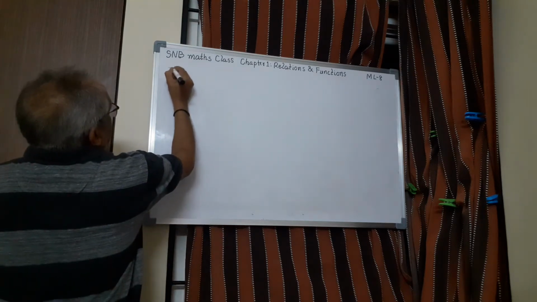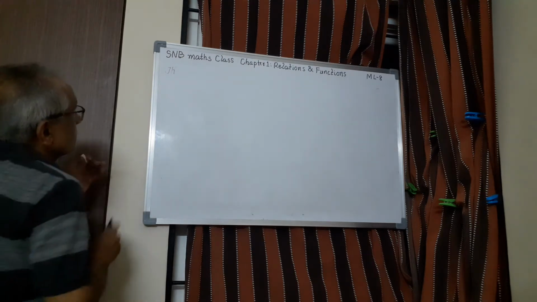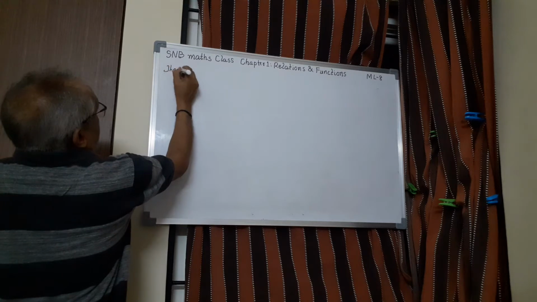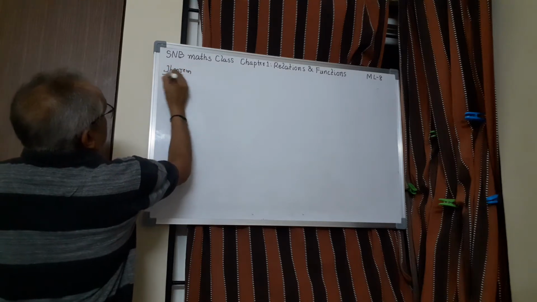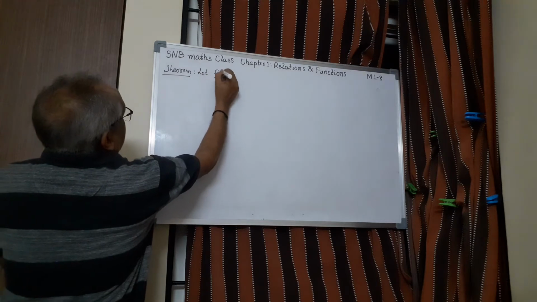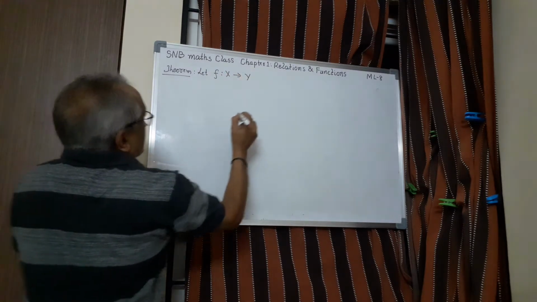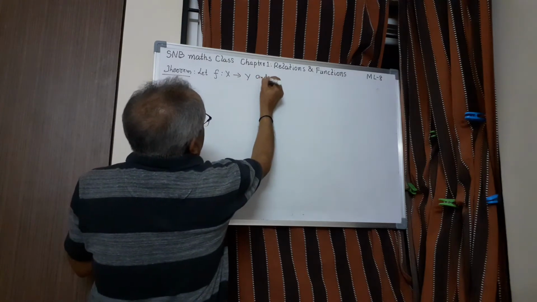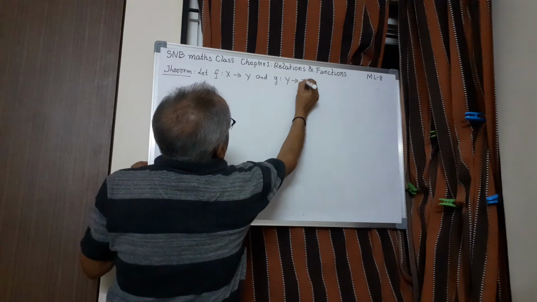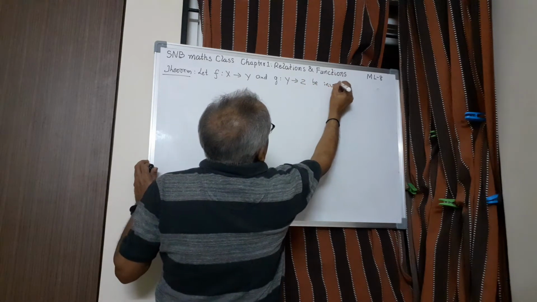So the next theorem is this. Let f from X to Y and g from Y to Z be invertible.